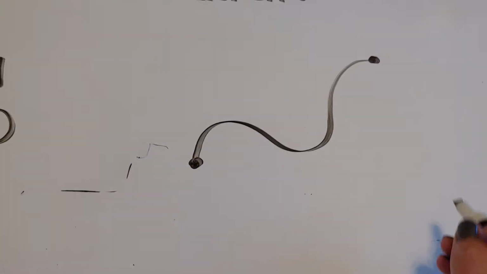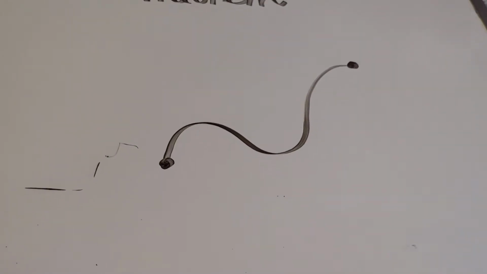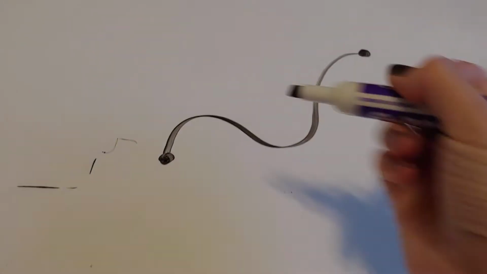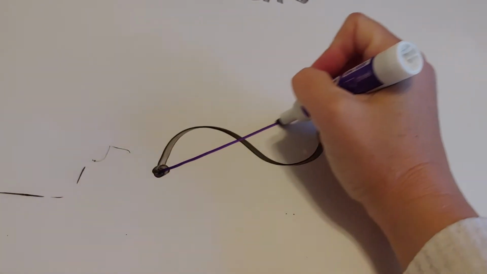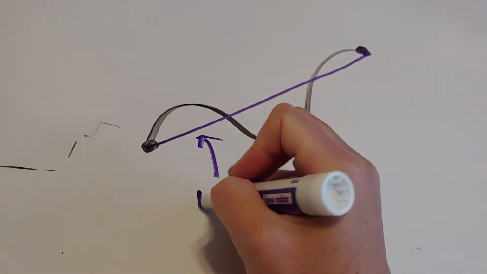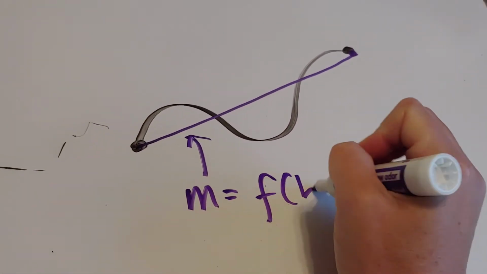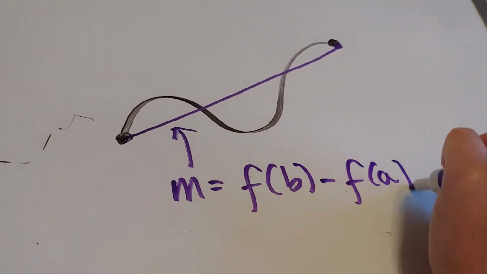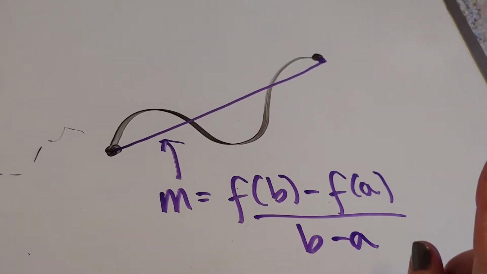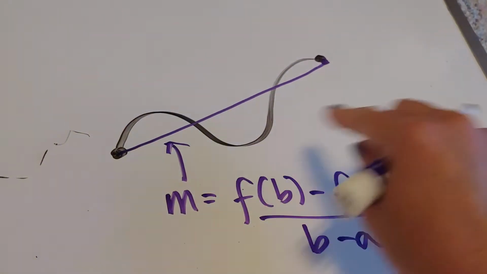What we're saying is that if you drew this line segment and calculated this slope, which would be f of b minus f of a all over b minus a, then there is at least one spot on this curve that has the same slope.